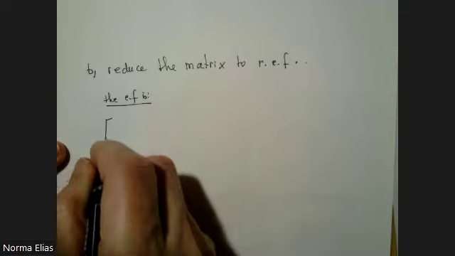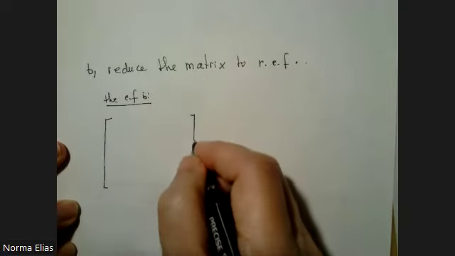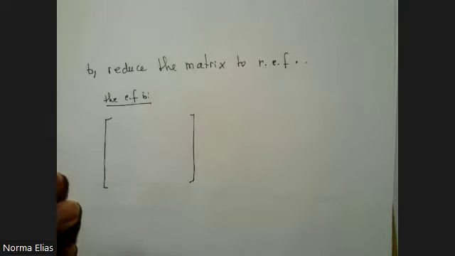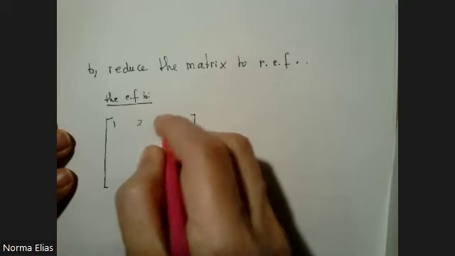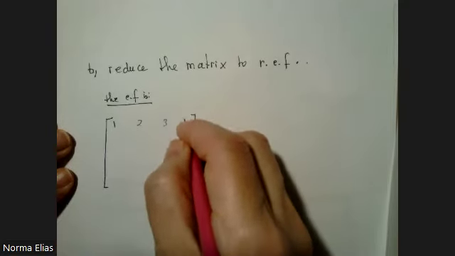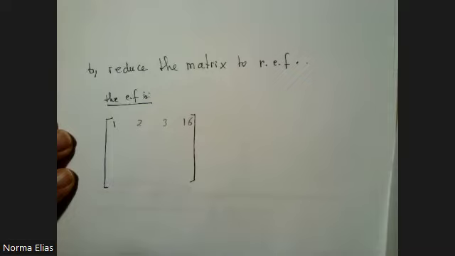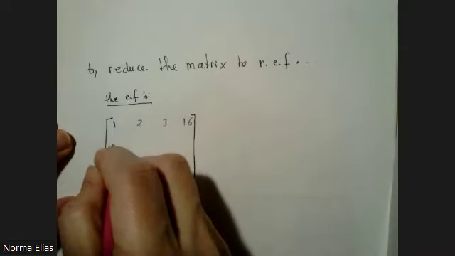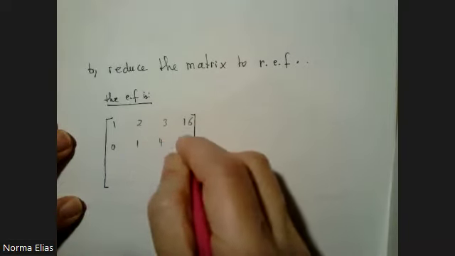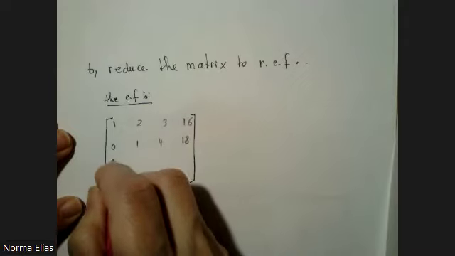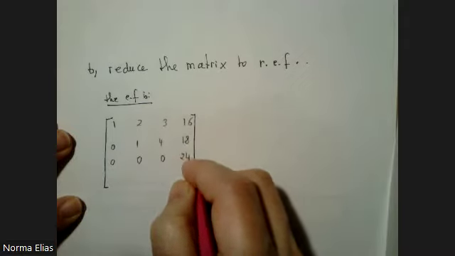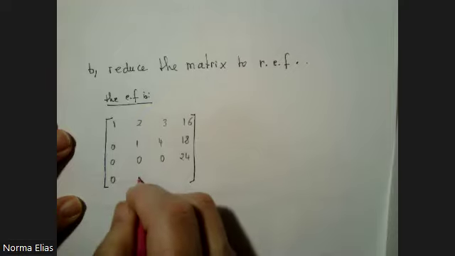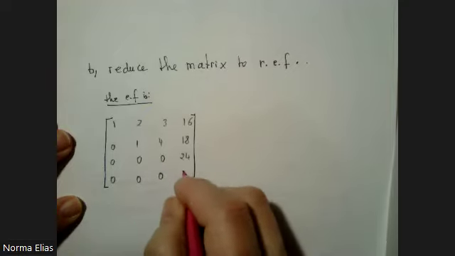I'm going to copy where we got that and use pencil for mistakes. So it was 1, 2, 3, 16; 0, 1, 4, 18; 0, 0, 0, 24; 0, 0, 0, 0.